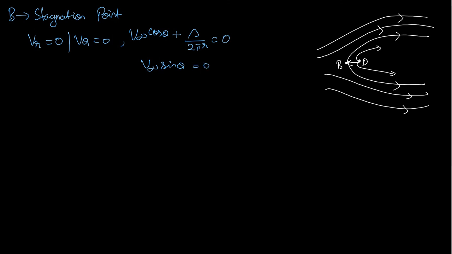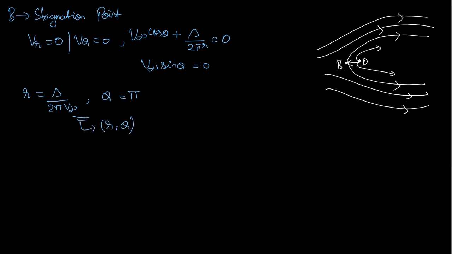If I solve these two, I get my r to be lambda by 2 pi V infinity, and I get my theta to be pi, because this is nothing but 180 degrees. So this is the r comma theta location of this point B.